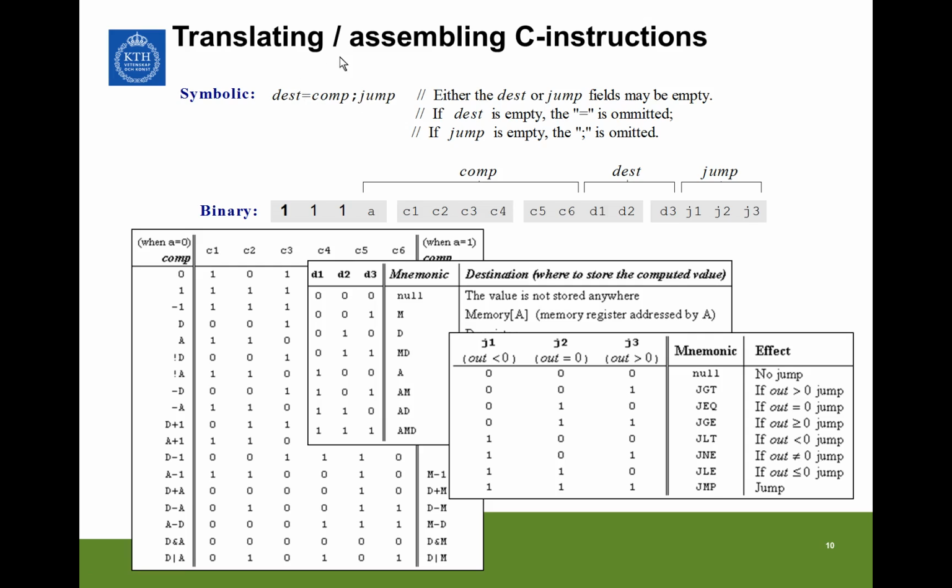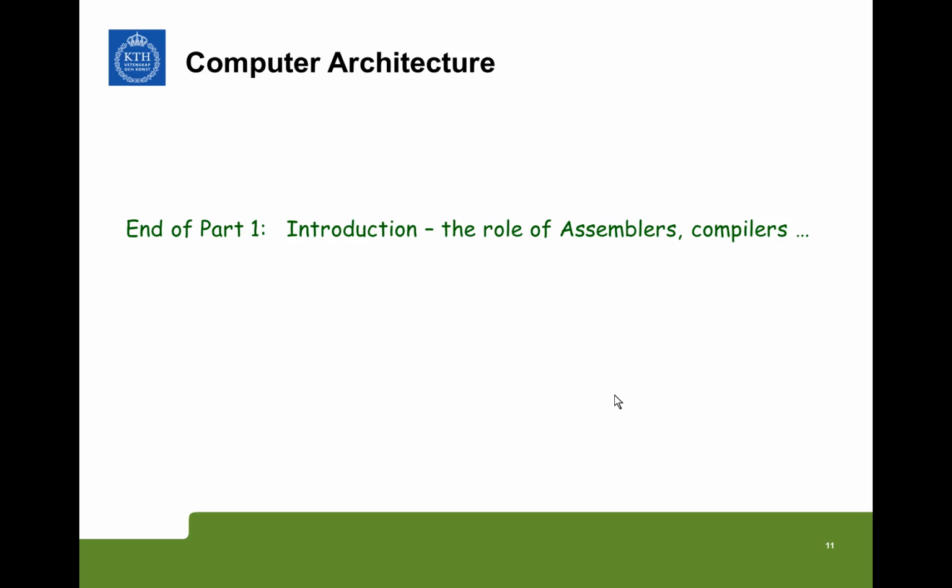The translation of the separate fields is simple because we have these nice translation tables for computation, for destination, and for jump conditions. This ends the part on the introduction of assemblers.